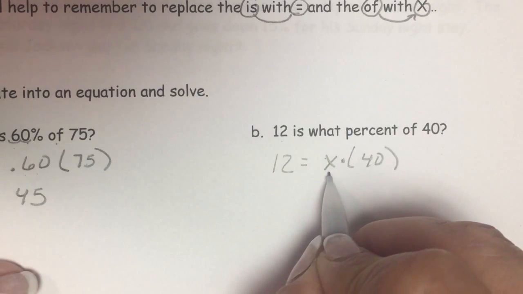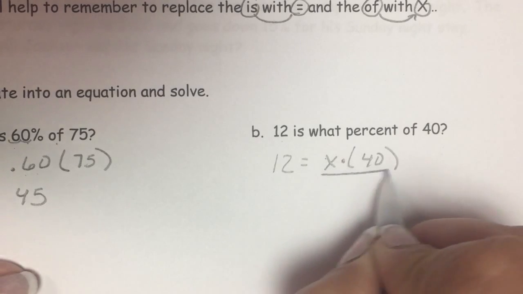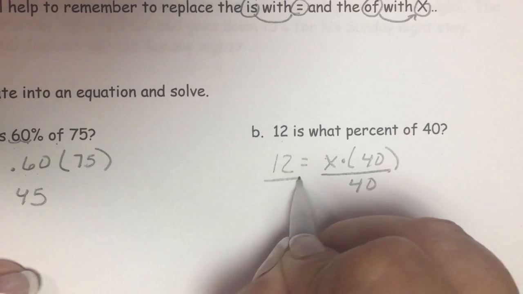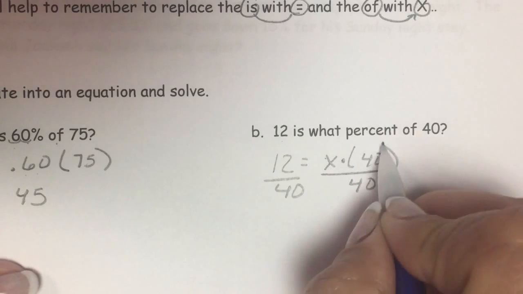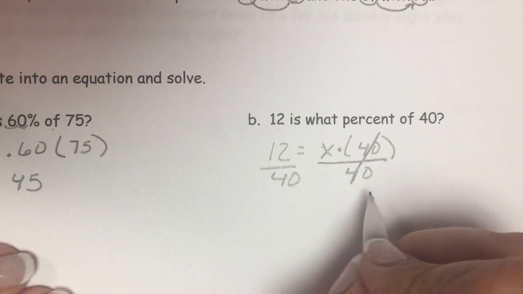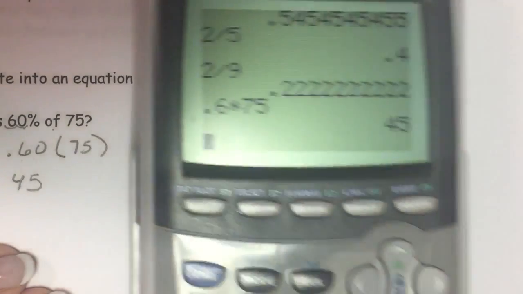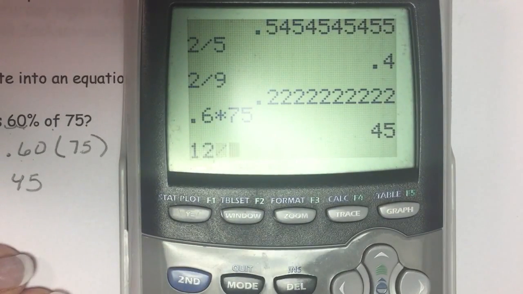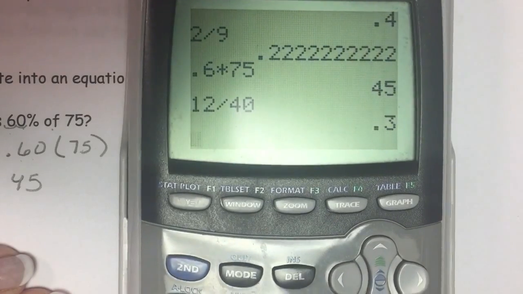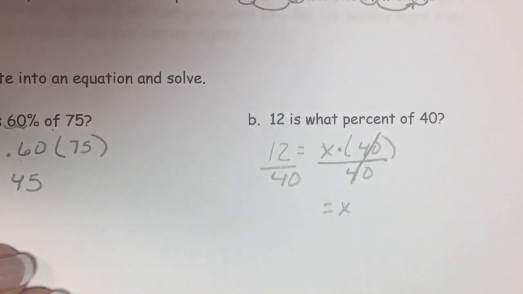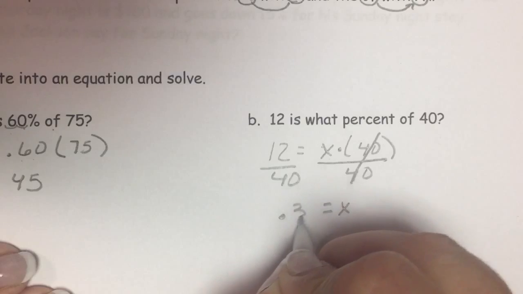We need to get the X alone, which means we're going to divide both sides by 40. These will cancel, so this is just old-fashioned solving your equations. So X is equal to, let's take 12 and divide it by 40, and you can see that I get 0.3.